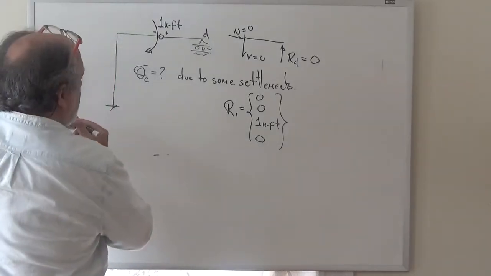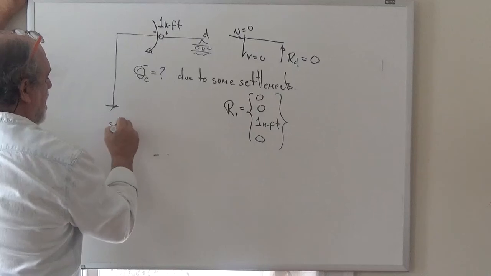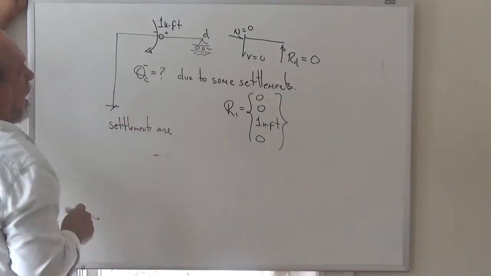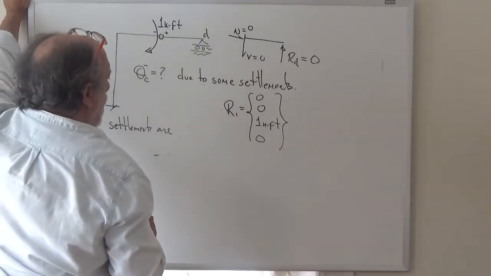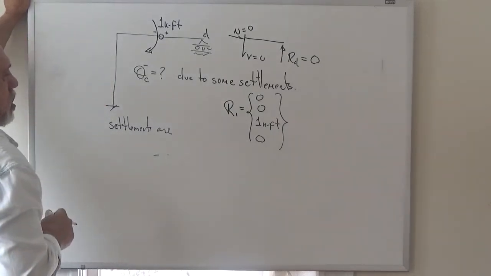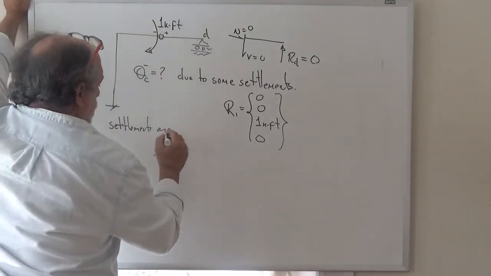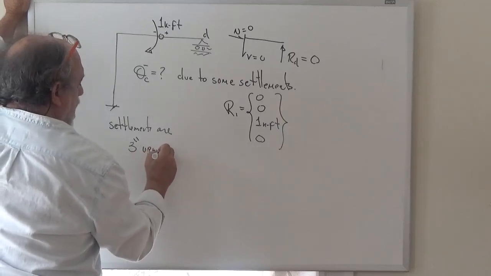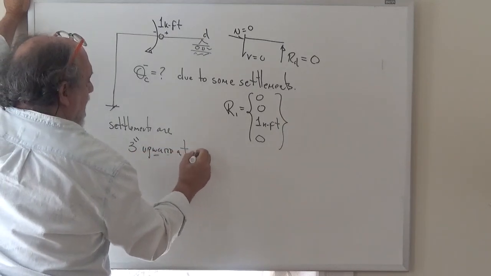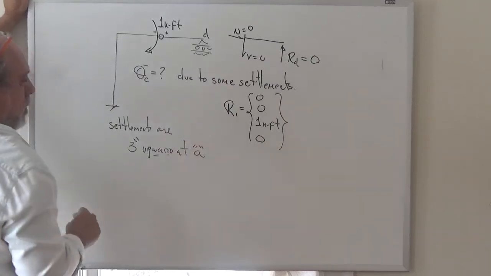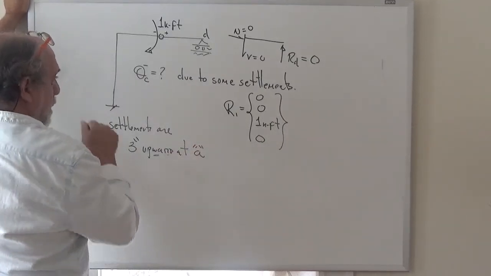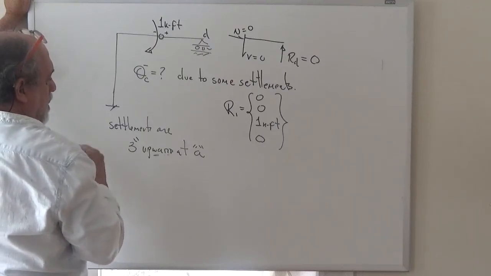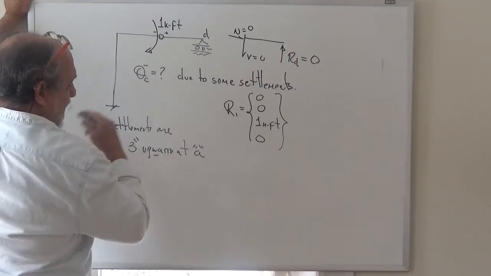Due to some settlements, let's say the settlements are, I don't know, 3 inches upward at A, and that's it.